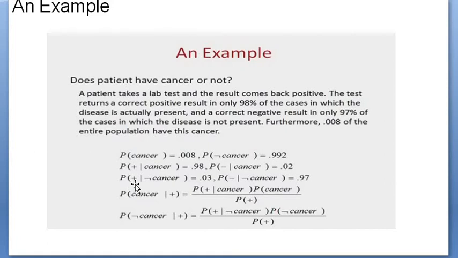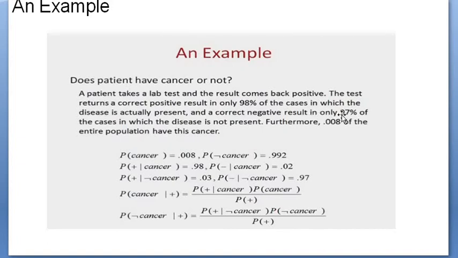Next, what is the probability of getting a positive value if he doesn't have cancer? Look at the statement correctly. It is giving you a negative result if you don't have cancer. How many times? 97% of the time it is giving you a negative result when you don't have cancer.